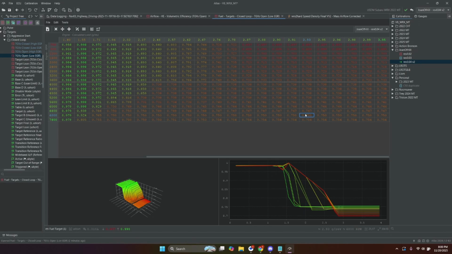But the thing is, when you're using closed loop fuel, it's purely judging the amount of fuel it needs to inject based on the amount of air that it believes is going into the cylinder. And that's the key word, believes, because there's no MAF sensor, there's no airflow sensor inside or right before your cylinder.